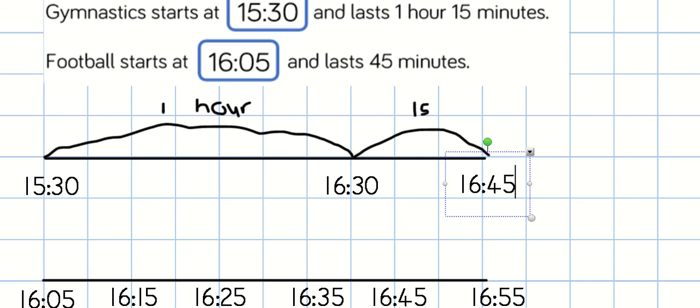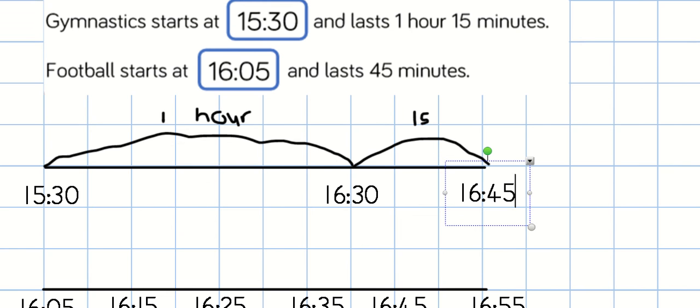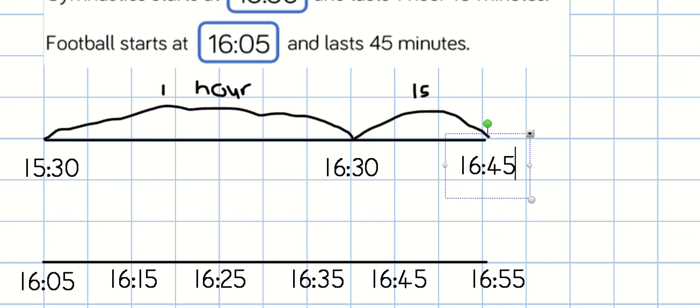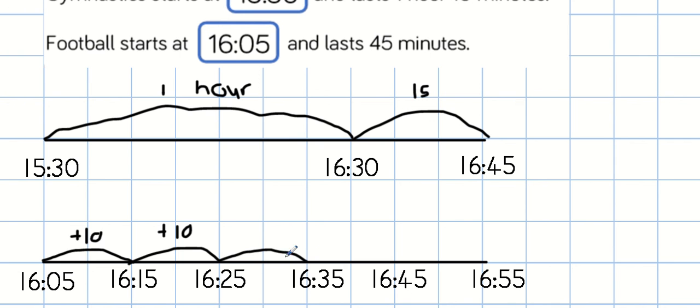For the next one, we need to count on 45 minutes, and I've gone on intervals of 10. So we're going to have to be quite clever here. 45 minutes. So the first jump is going to be plus 10. Then we're going to have plus 20, because 10 plus 10 is 20. That's now 30 minutes I'm going on.